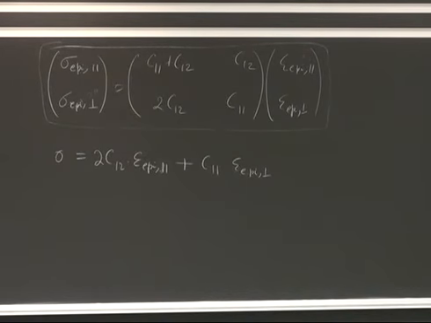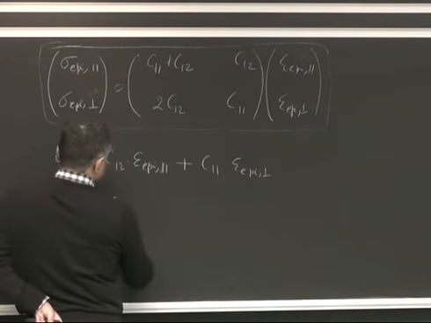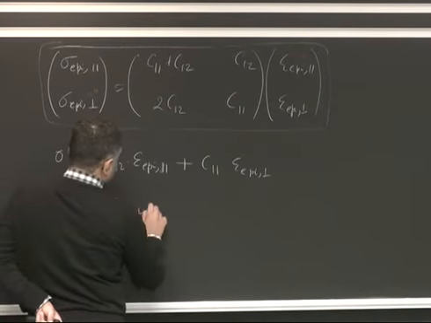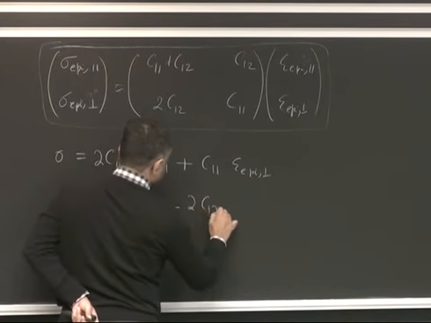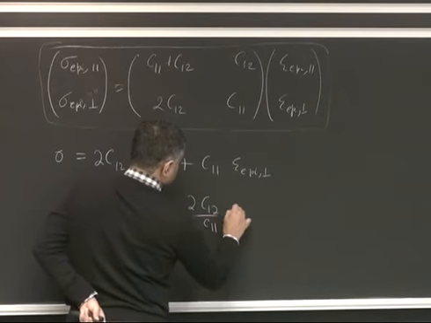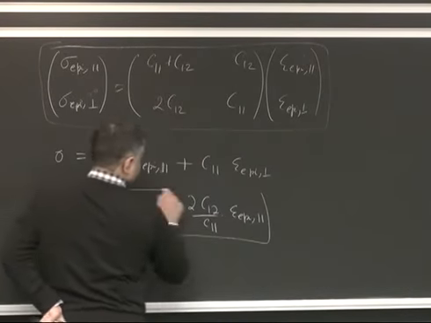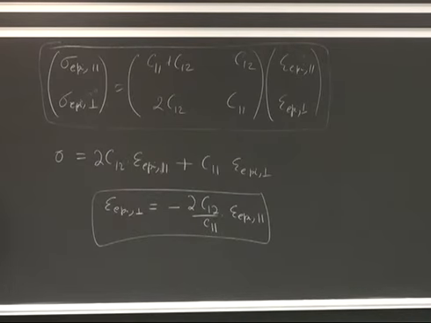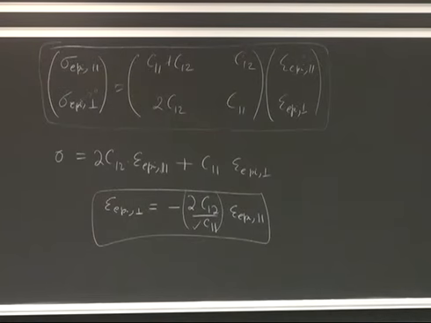And now you've got something that we were actually asking earlier: what is the strain in the epitaxial layer in the perpendicular direction? Well, that is minus 2 C12 over C11 times epitaxial strain in the parallel direction. Is that clear? So you get that. If you know these material coefficients, you've got the strain in the perpendicular.